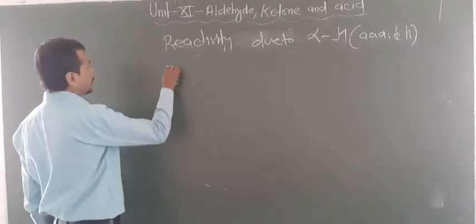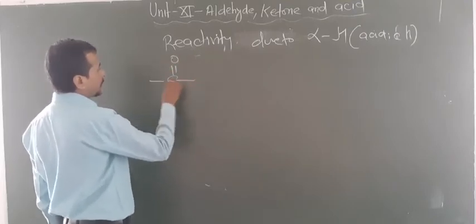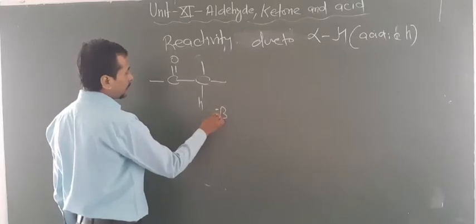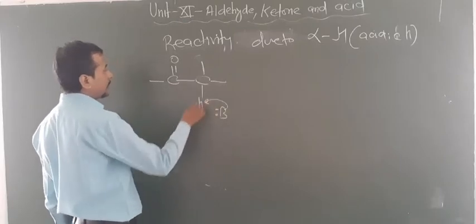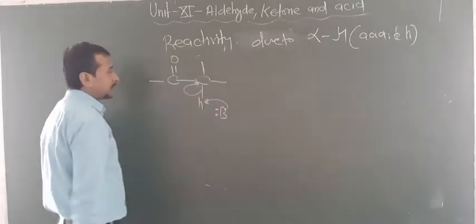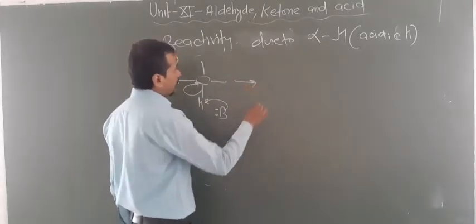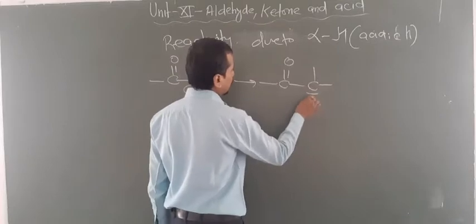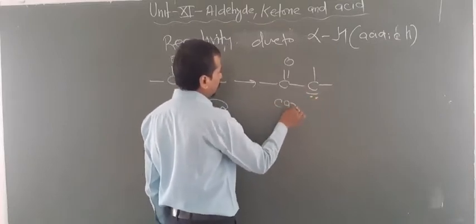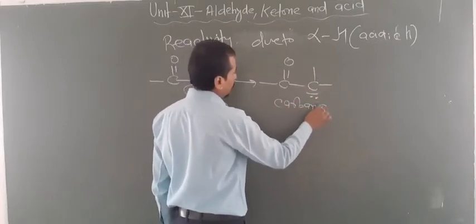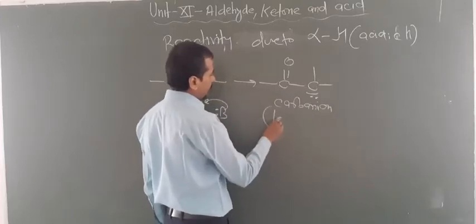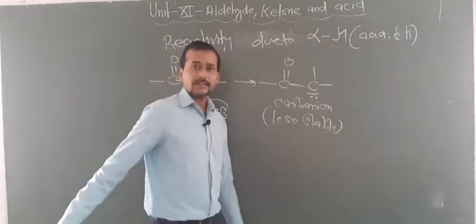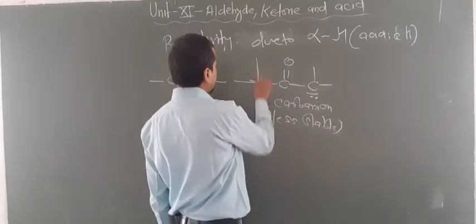Look here: C double bond O, this is the carbonyl group, and this contains one H. Now the base attacks the hydrogen, and in that condition the bond breaks like this. So here what is formed is a carbanion, which contains a negative charge. This is less stable because the negative charge is on a less electronegative element.